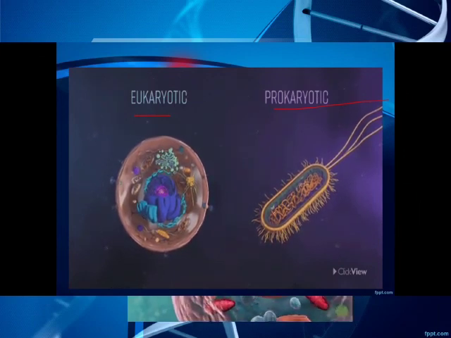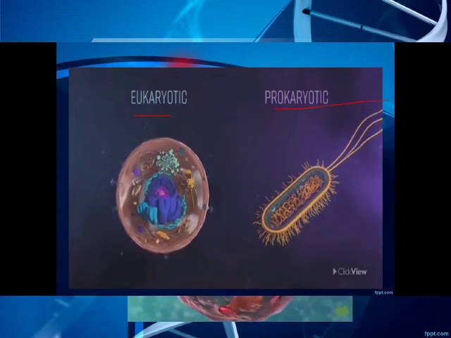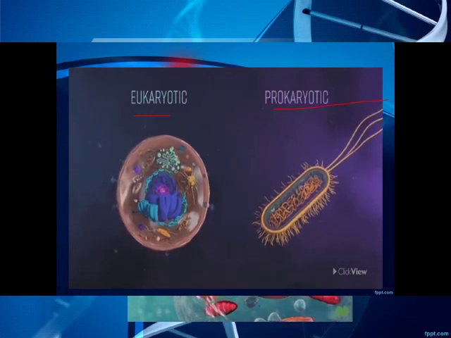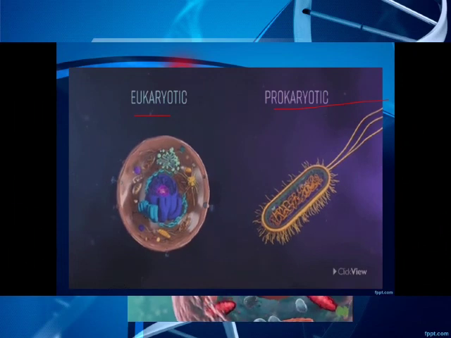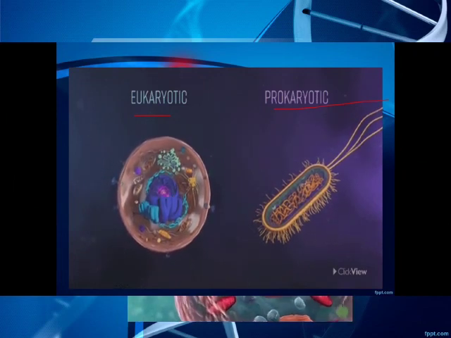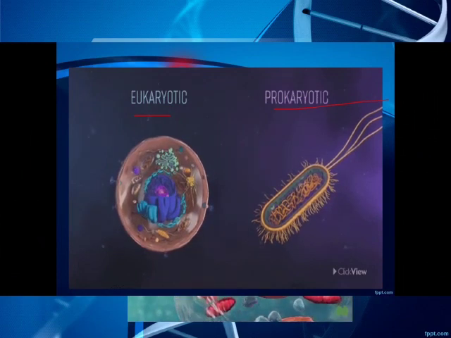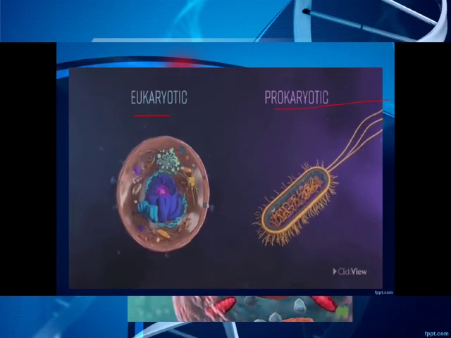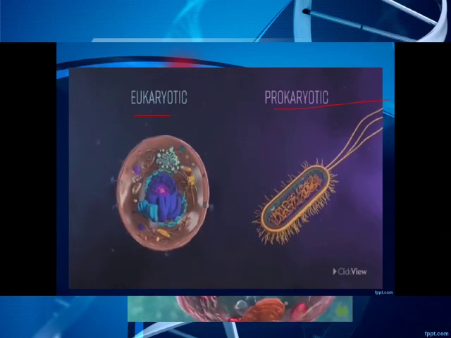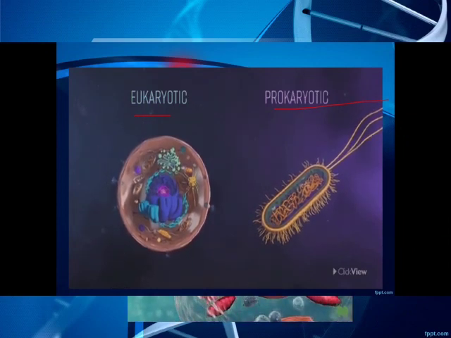But in your prokaryotic cell, for example, your bacteria, here you can see the genetic material is just floating in the cytoplasm. So what you understand by this is that the nuclear membrane is present in the eukaryotic cells, but in prokaryotic cells, the nuclear membrane is not present and hence they are known as nucleoids.